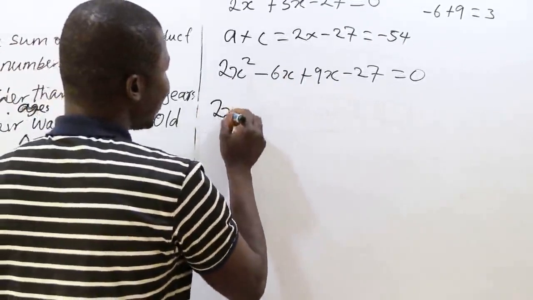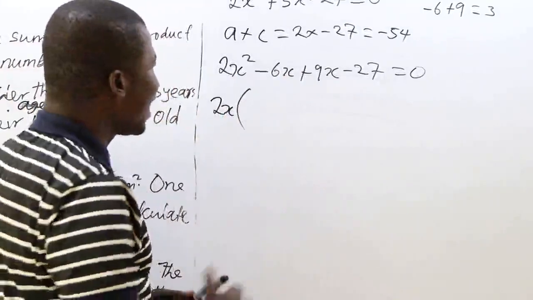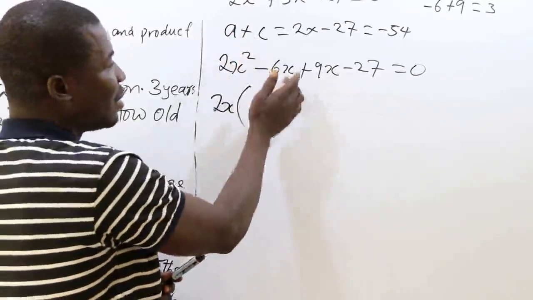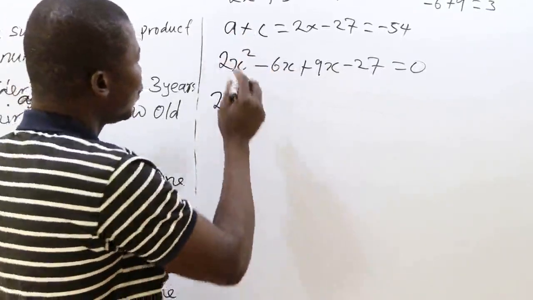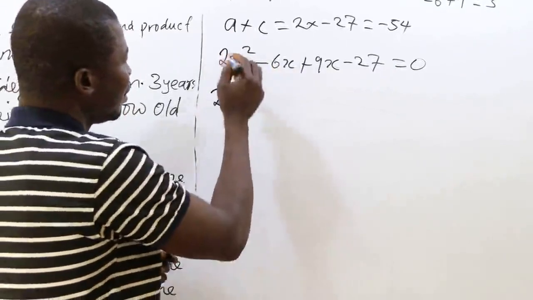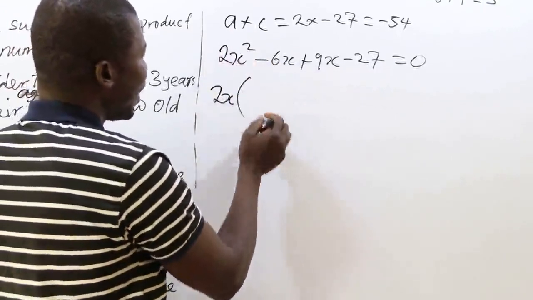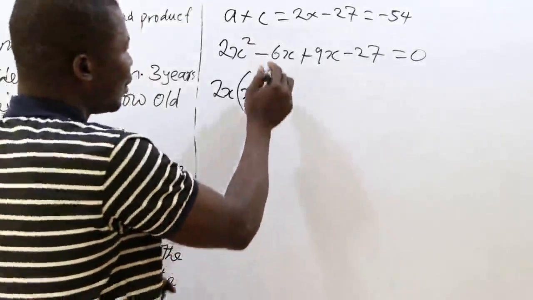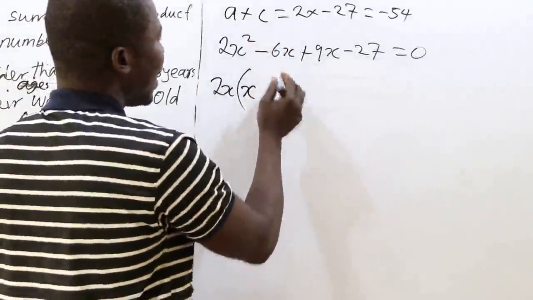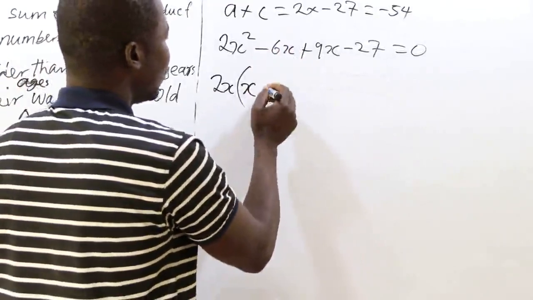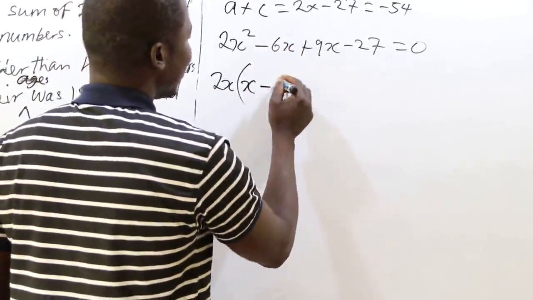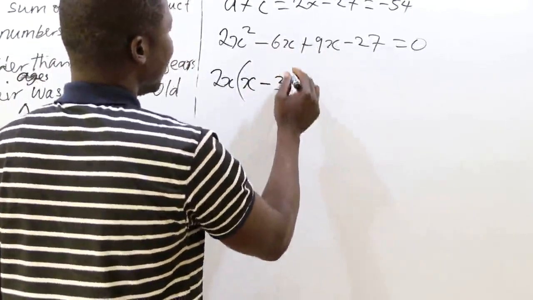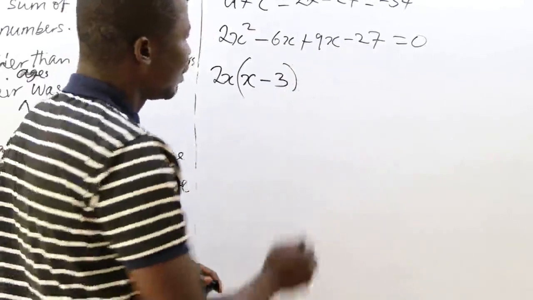We put 2x outside the bracket, dividing each of these terms. 2x squared divided by 2x, we are going to have x. 6x divided by 2x will give us minus 3.